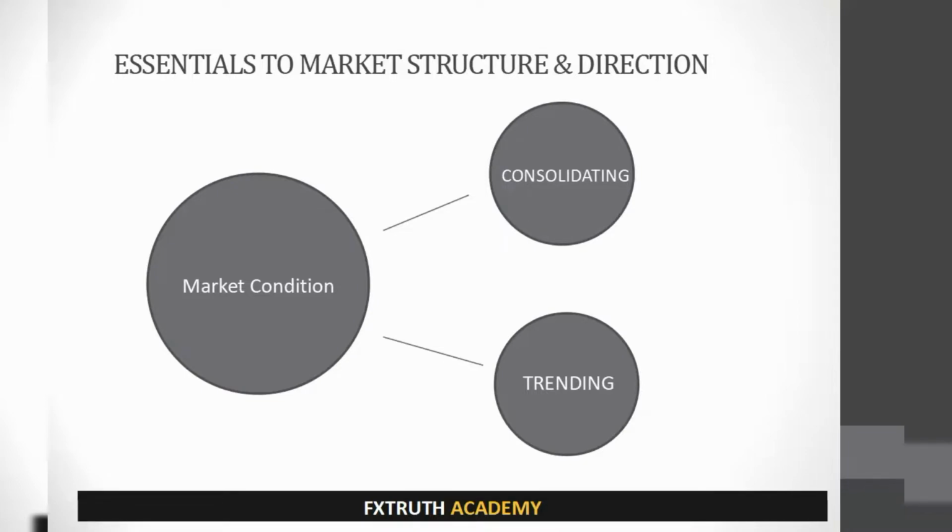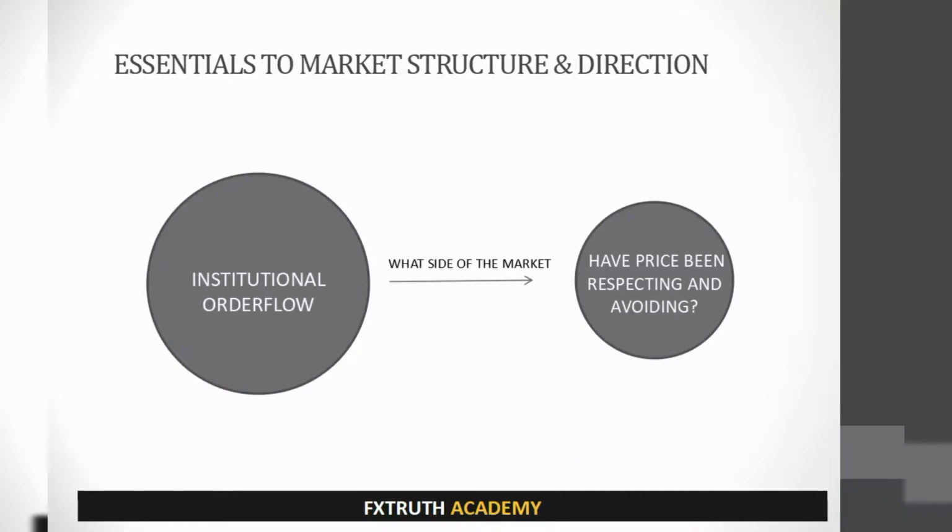After the market condition is identified, the next thing you want to consider is the institutional order flow. It simply means: what side of the market has price been respecting, or what side of the market has price been avoiding? You just enter into the market now. You already know your time frames, and you've identified that probably the market is in a consolidating phase, so the trend is not obvious.